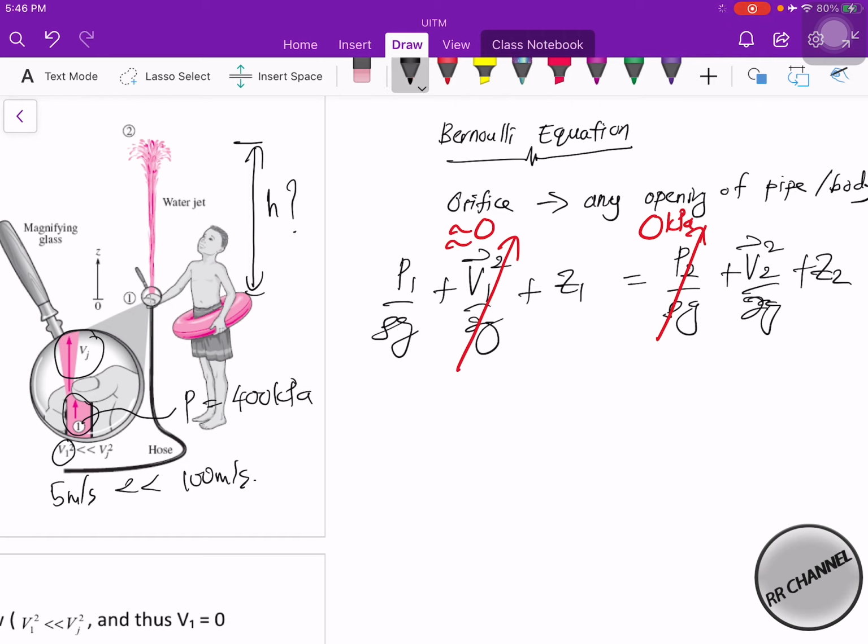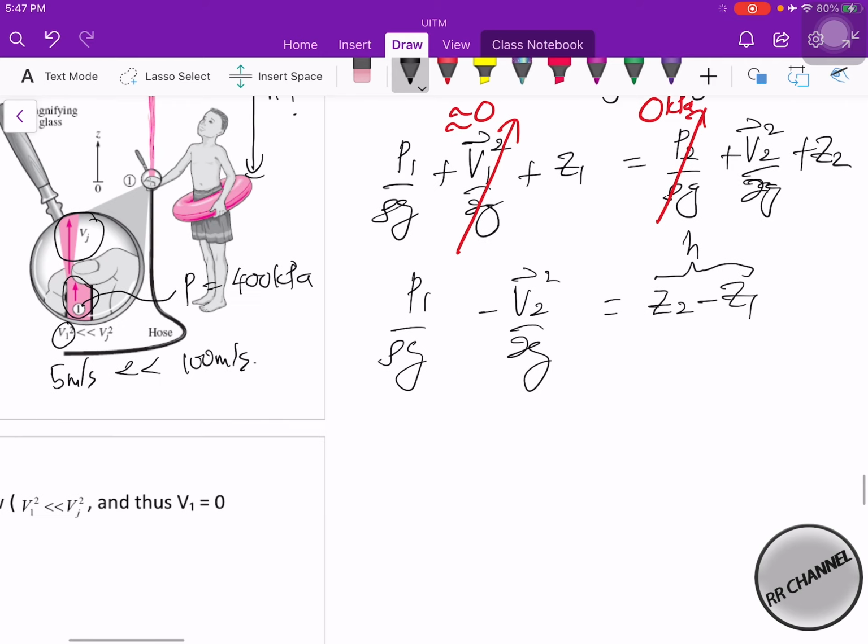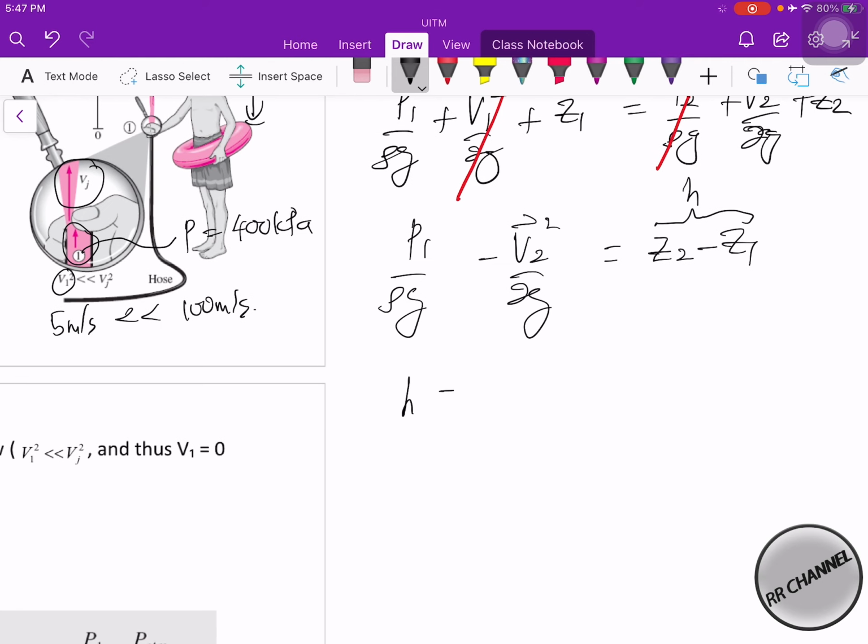We will simplify: P1 over rho g minus V2 squared over 2g equals Z2 minus Z1. You know that the difference of Z2 and Z1 is your h, so that h equals P1 over rho g minus V2 squared over 2g.